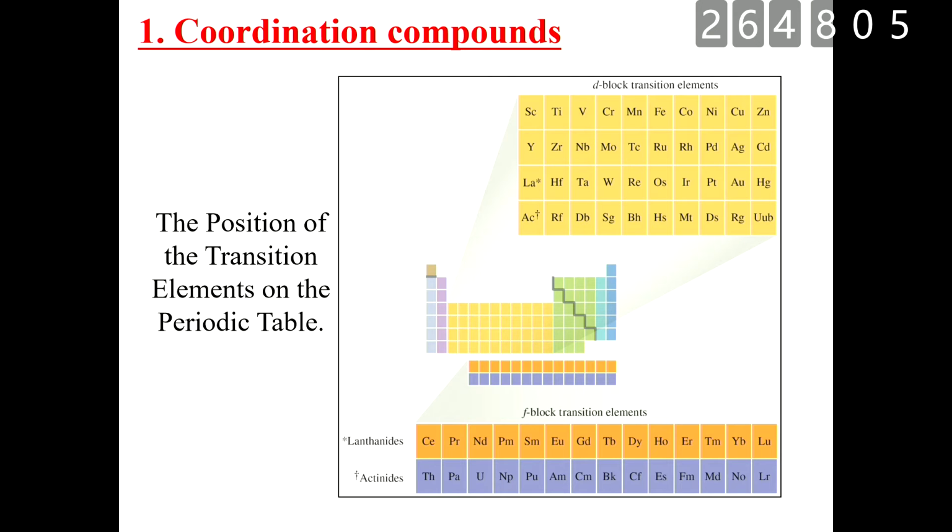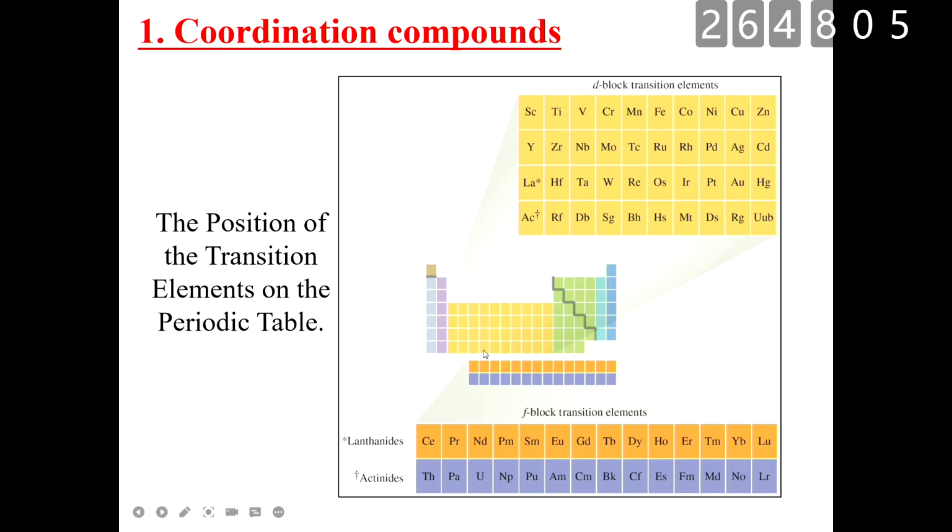Okay, so what are the compounds? Coordination compounds, for example metal compounds, have two parts. One is metal ions. Another part is ligands. For the metals, we can see from the table the position of transition elements on the periodic table, right?